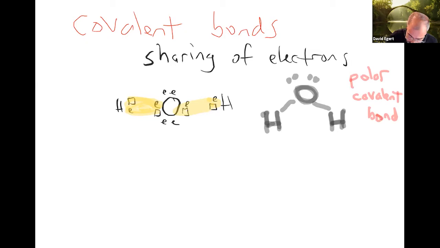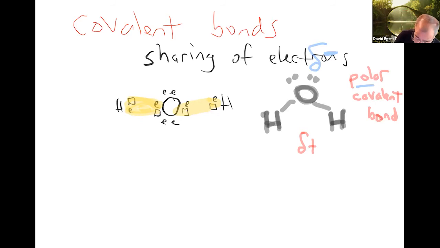One side is more positive, because the protons of the hydrogens are down here, and the other side is where we have the lone pair electrons, which looks more negative. Polar means it has poles, it has different sides. So it is not symmetrical. It doesn't come apart, it stays as a single unit.